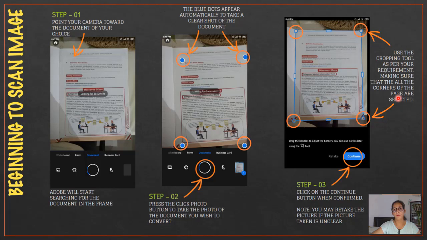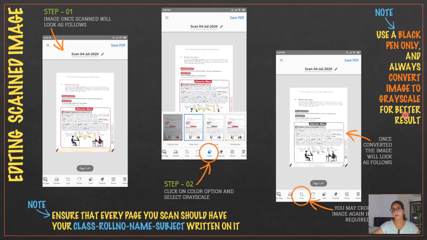You can use the crop tool to crop the picture as per your requirement. This is the most important part of the scan. Make sure that you write everything in black pen as these papers will be printed for further checking. Also ensure that every page you scan has your name, class, division and subject written on it.